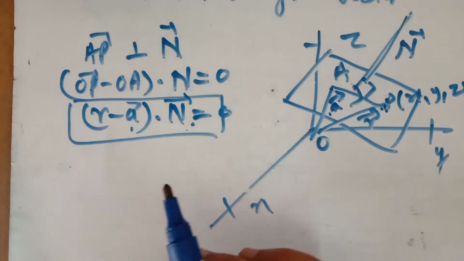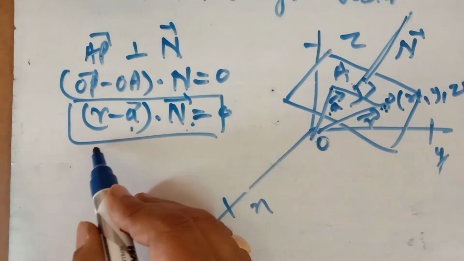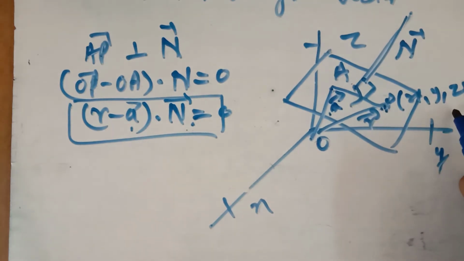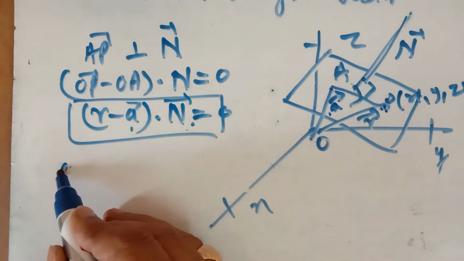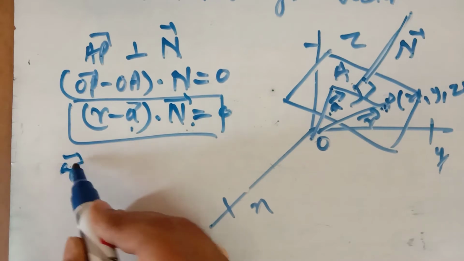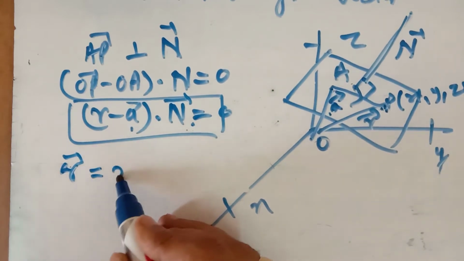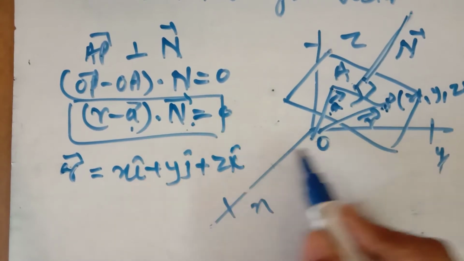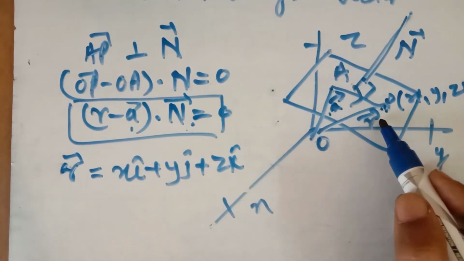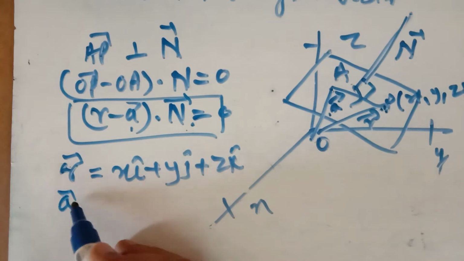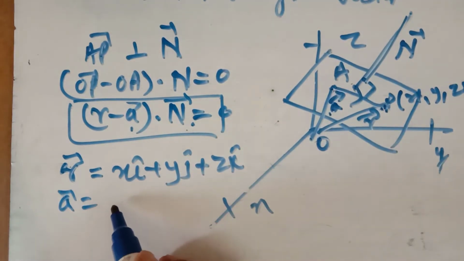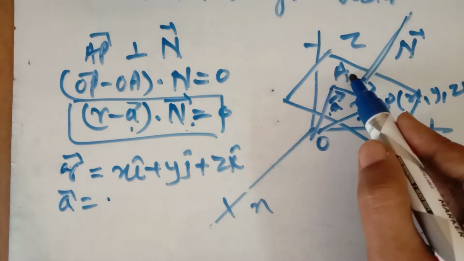Now to find the Cartesian equation of the plane, because we know that the coordinate of the point P is x, y, z, whose position vector is r, then r will be equal to xi plus yj plus zk. This is the vector r, and the vector A will be equal to this point whose coordinates we have taken x1, y1, z1.